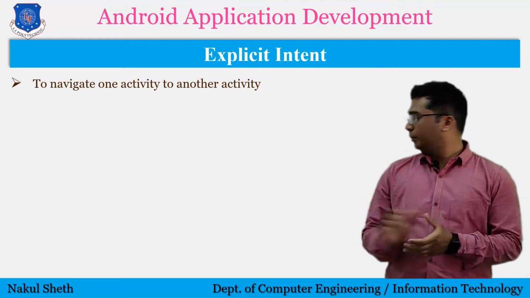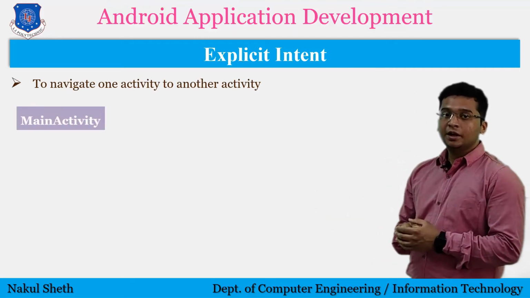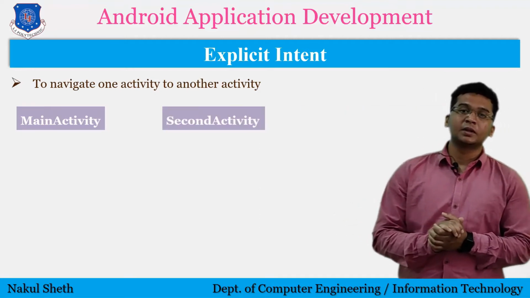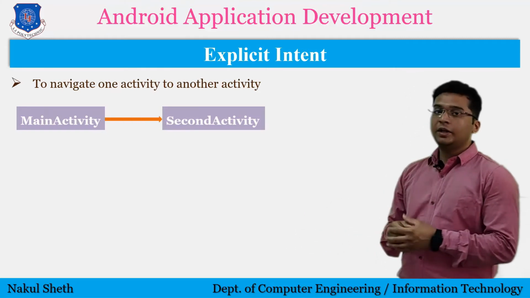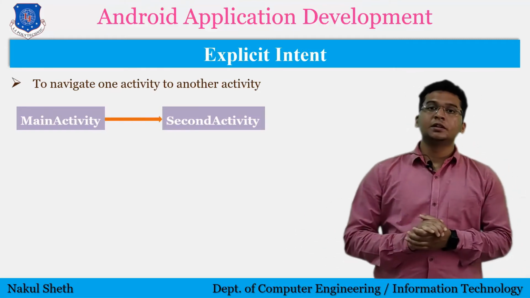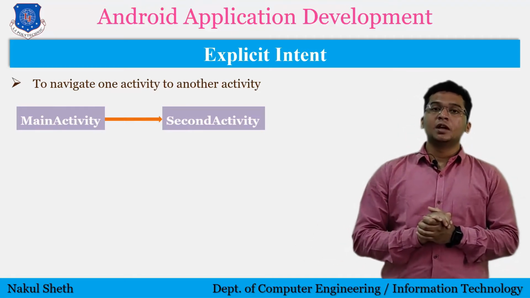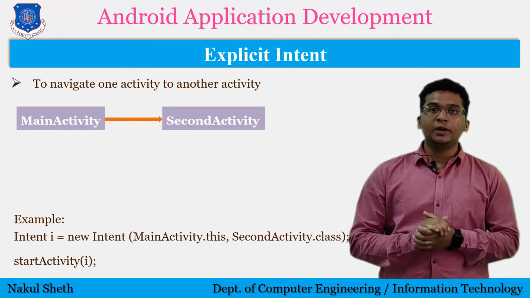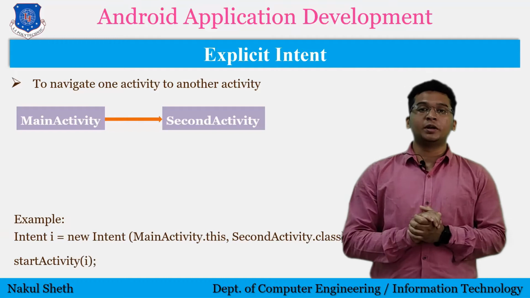So let us take an example here. We have one activity that is main activity and another activity that is second activity. Now, if I want to move from main activity to second activity, I just need to follow this syntax. This syntax is Intent i equals new Intent, and in brackets we have to pass two parameters.